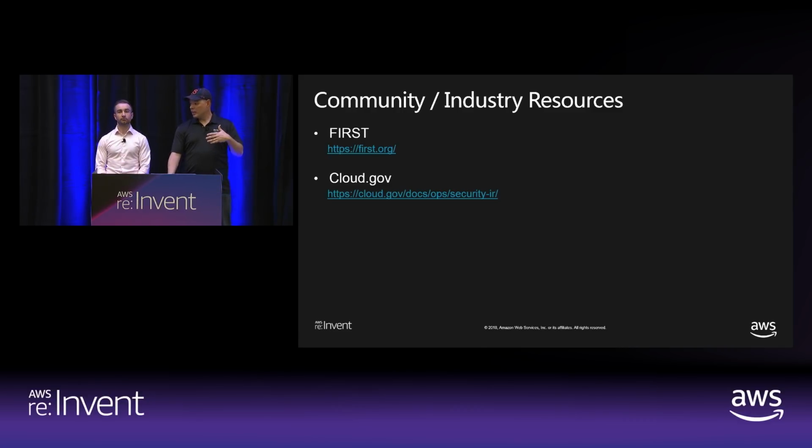Knowing that there are customers using cloud environments, incident response is not necessarily unachievable in those environments, it's just different. Now we have documentation that speaks to that. So check out cloud.gov and their documentation for security and incident response, which now has a number of updates associated with cloud.